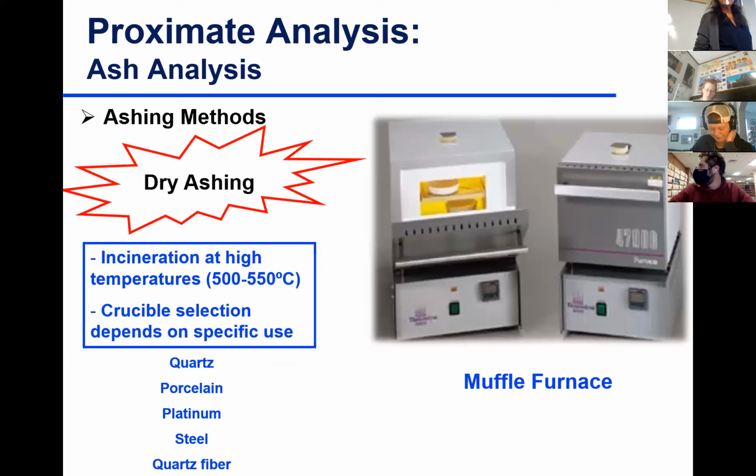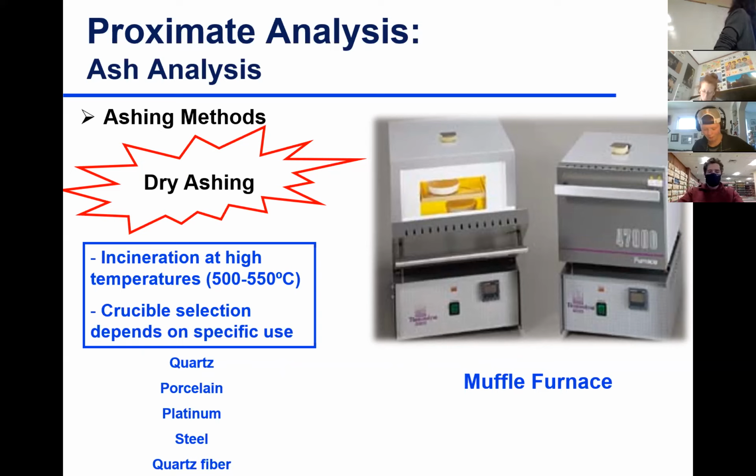So the muffle furnace is the oven that you use to burn off your organic matter. It comes in different sizes, and usually you can heat up to really high temperature. You can reach up to 900 degrees Celsius if you want. But oftentimes, all of the official methods of analysis for different food products range from 450 to 550, around that range.